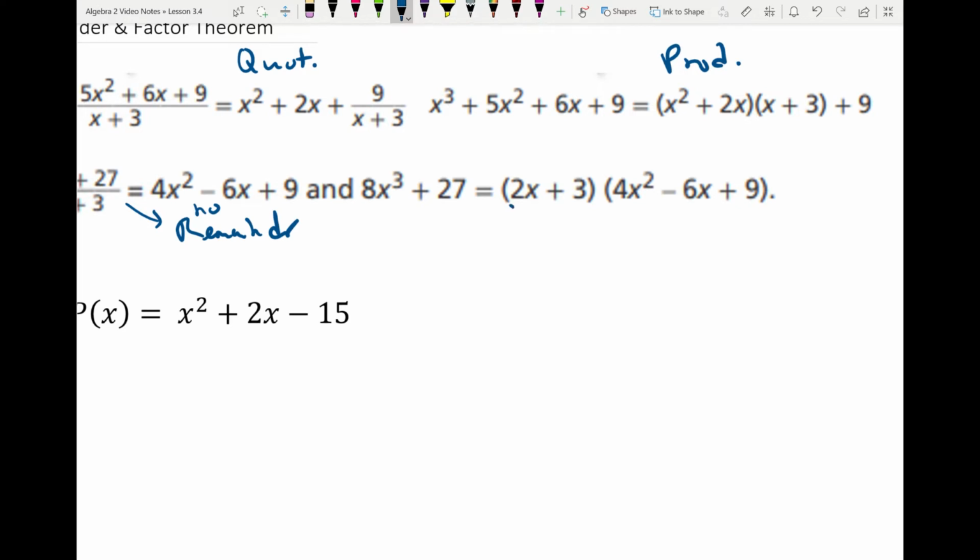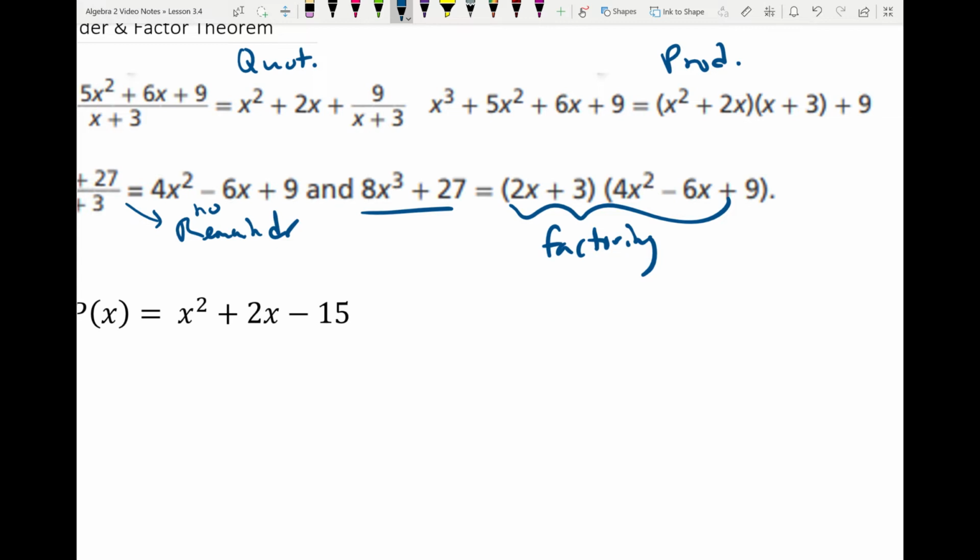This is factoring, right? So if I told you to factor 8x cubed plus 27, you would write it in this double parentheses format. So you can write a polynomial in factored form by dividing if you know what one of the factors is.